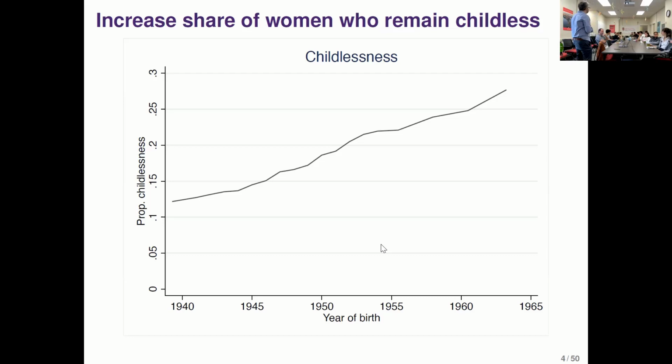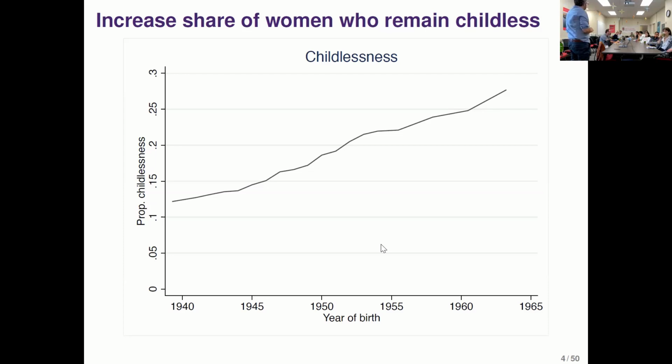Yes. So how is this childlessness defined? Is it like women get married but have no children, or they just didn't get married? Yeah, this is a simple indicator of 1 if you ever had a child, and 0 if not. So it doesn't say if this is voluntary or involuntary childlessness. It doesn't say if it's infertility and so on. This is a trend we observe in many European countries.